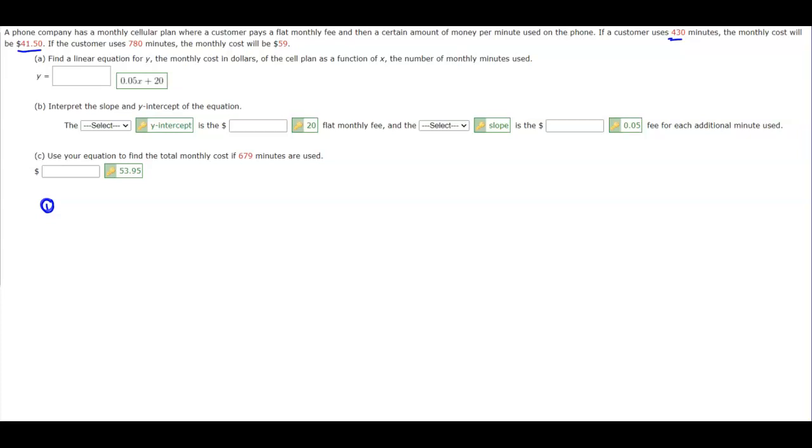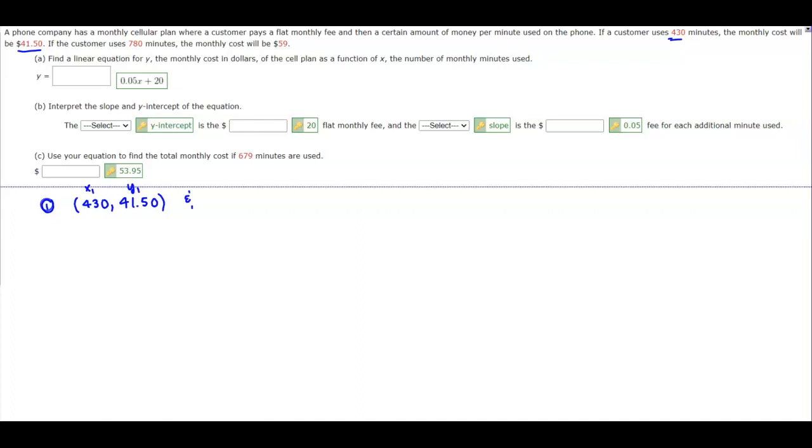So we know that the value of x represents the amount of minutes used and y represents the monthly cost. So therefore our first ordered pair is going to be 430 minutes used, which cost $41.50. Okay, so we can say that this represents x1 and then this is y1.